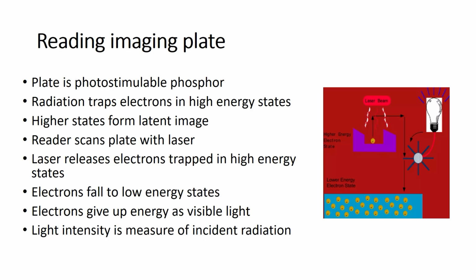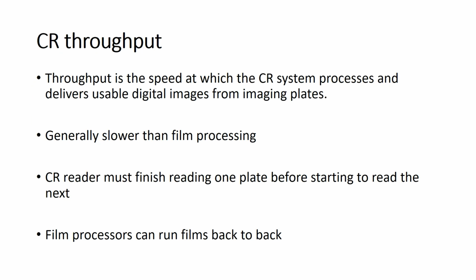Electrons give up energy as visible light. That visible light is very important. So that visible light intensity is measured, of an incident radiation, and recorded.